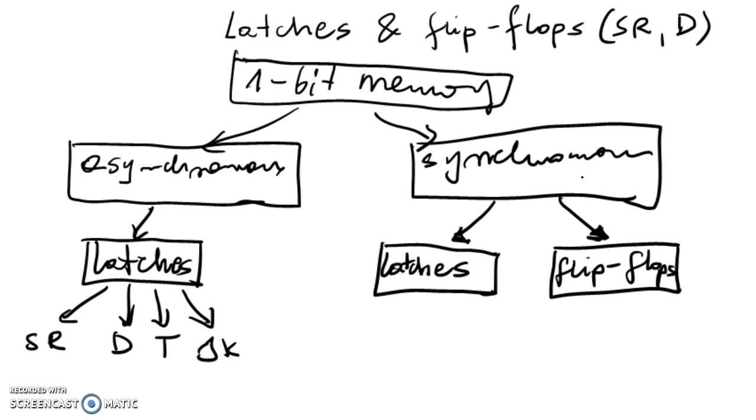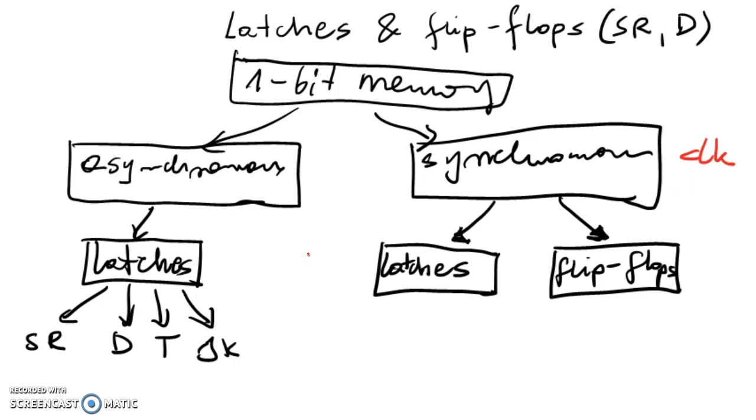What's the difference? Synchronous means that there is a clock input to each of the memory devices, and they can operate only if there is an active event on the clock signal. These events can be divided into 2 groups.